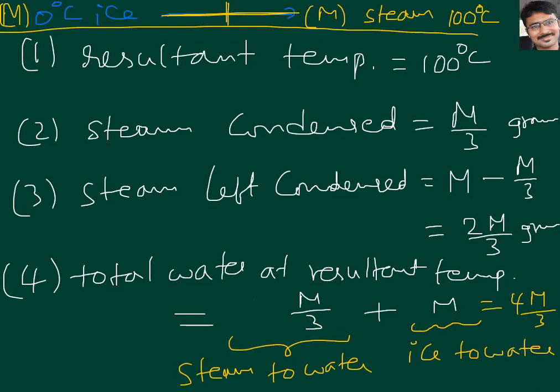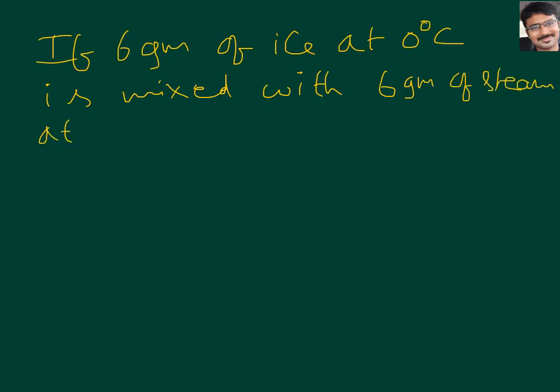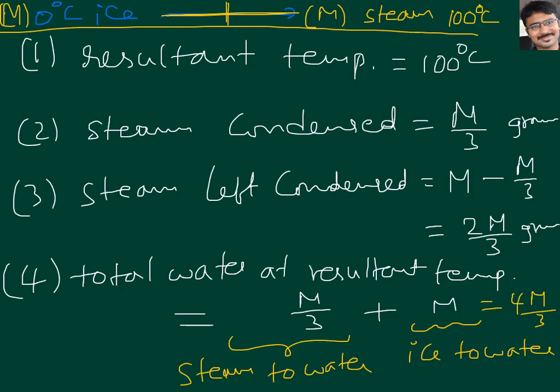For example, in the exam, they have given a question like this. If 6 grams of ice at 0 degrees centigrade is mixed with 6 grams of steam at 100 degrees centigrade. My previous formula, please be very clear, don't be in a hurry for all the problems.